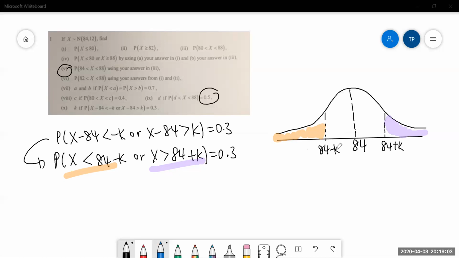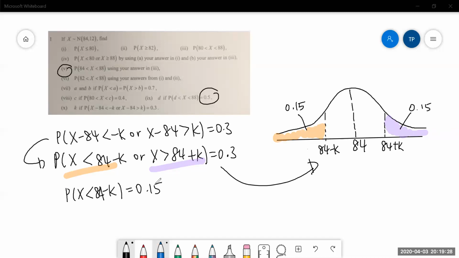After you divide by 2, choose one side. So you can say that X lesser than 84 minus K is equal to 0.15. Then from here, you are able to use inverse norm to find this.